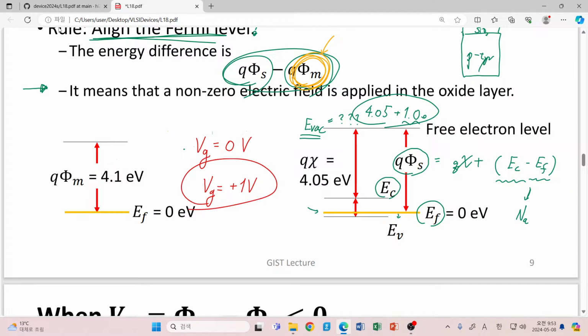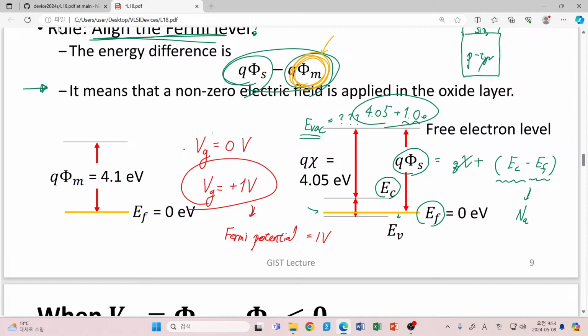Since you have applied a positive voltage to your gate, this positive voltage just shifts your Fermi potential, and Fermi potential now becomes just 1 volt.